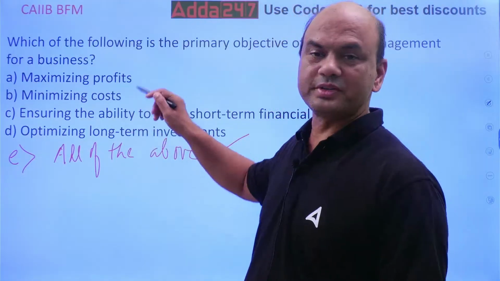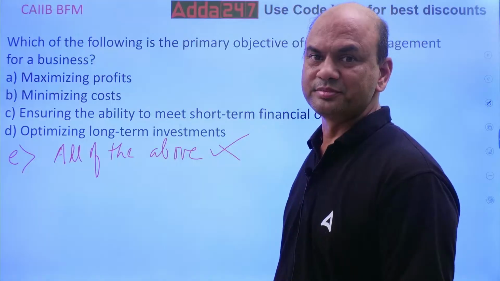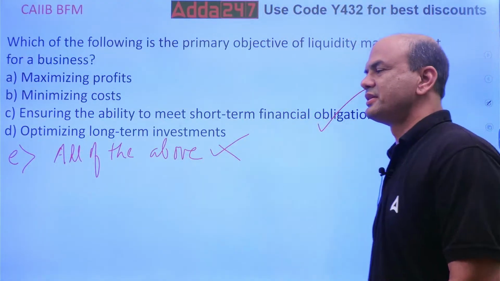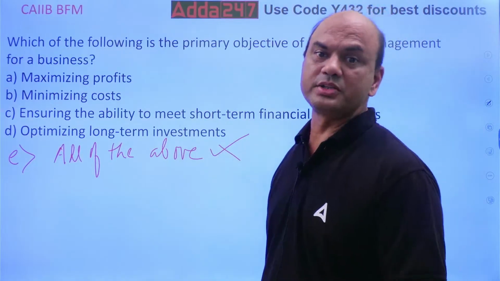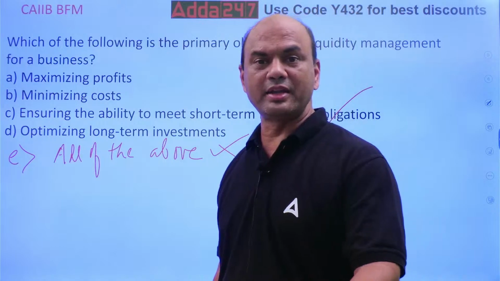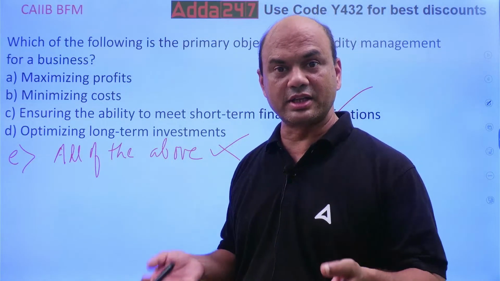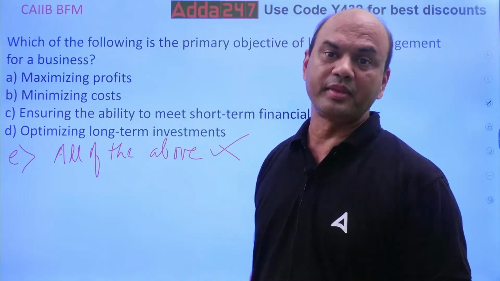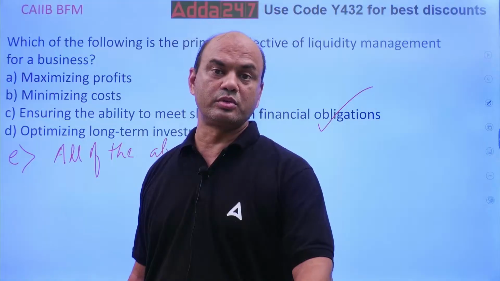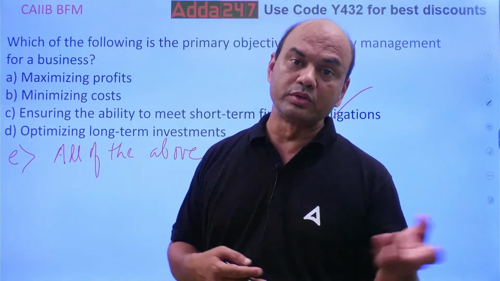All of the above is not the answer for liquidity management. Liquidity management is only about short-term obligations. Ensuring the ability to meet short-term obligations means I have to pay the EMI this month or next month, so I have to see that the money is received for that. I have to pay the depositor maturing tomorrow, and for that I need to have money from the loans.